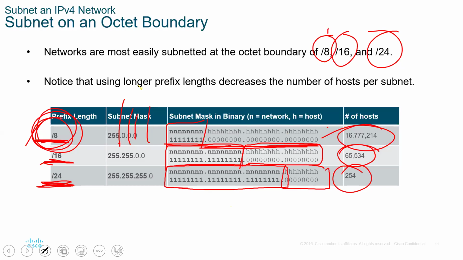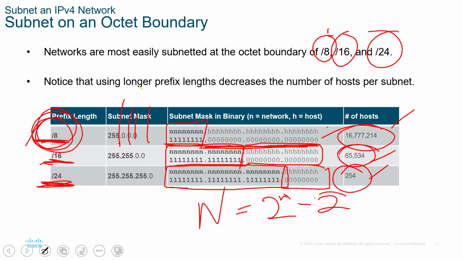Now, if you observe this, and this, if you do the arithmetic that I'm telling you, you will see that there is -2. Why? Because there's a formula: 2^n - 2. This formula is what is used to calculate your number of hosts or number of networks in subnetting.